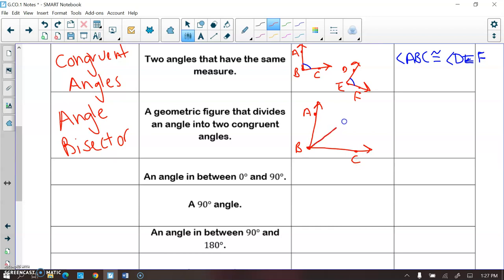So you have a ray, ray BD, and then you see the arcs of angle ABD and angle DBC congruent. So what that means is that ray BD is an angle bisector. It cuts the whole angle into two congruent pieces.